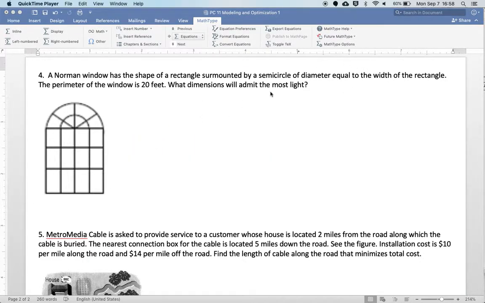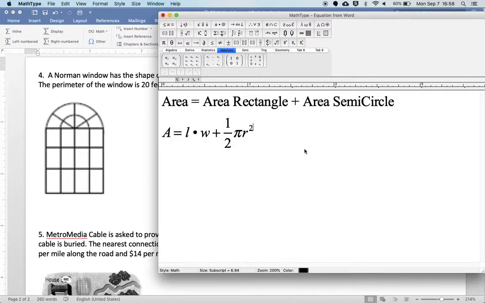The problem with this is we have L, W, and r, 3 different variables for our area function. We need it in terms of one variable so that we can graph this. We were told that the diameter of the circle is equal to the width, but the diameter is twice the radius, so 2r equals w.